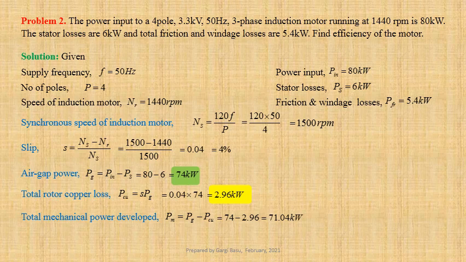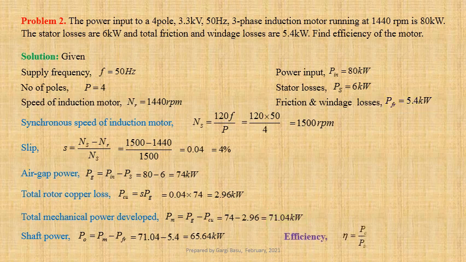71.04 kilowatt. Shaft power Po equals Pm minus P_FR, that is equal to 71.04 minus 5.4, that gives us 65.64 kilowatt. Let us now determine efficiency.